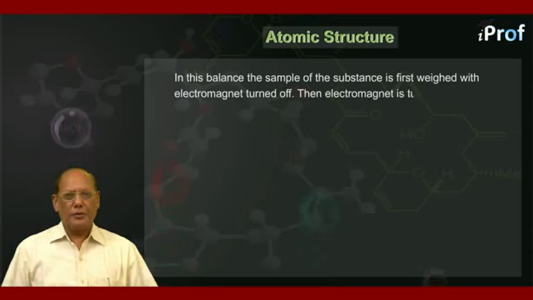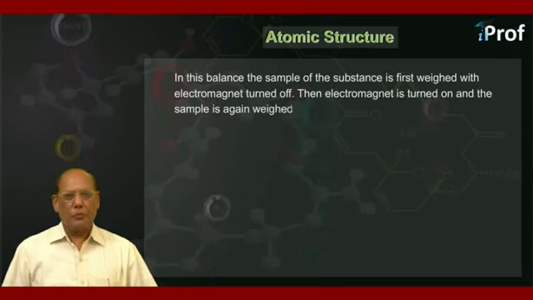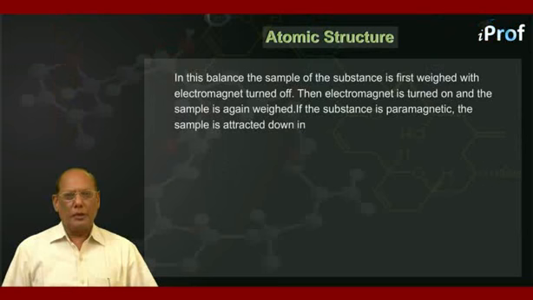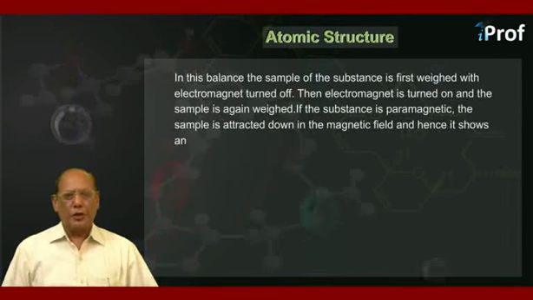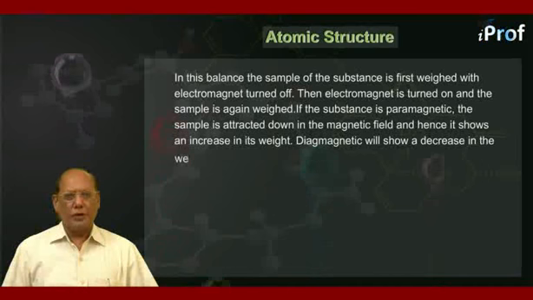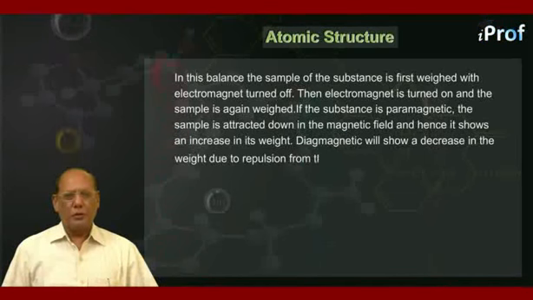Then the electromagnet is turned on and the sample is again weighed. If the substance is paramagnetic, the sample is attracted down in the magnetic field and hence shows an increase in its weight. Diamagnetic will show a decrease in weight due to repulsion from the electromagnet.